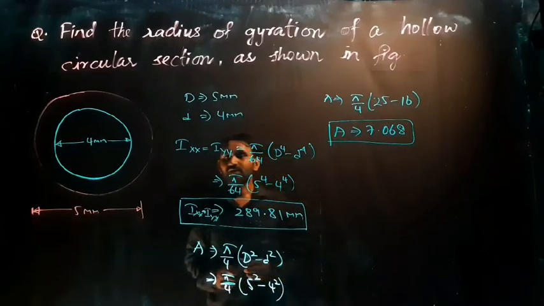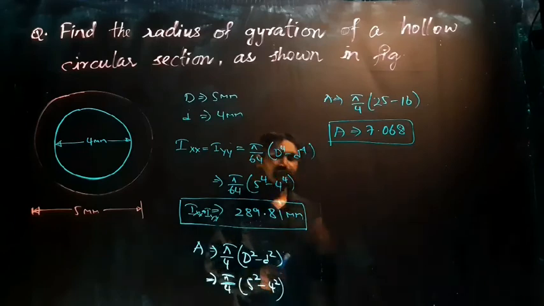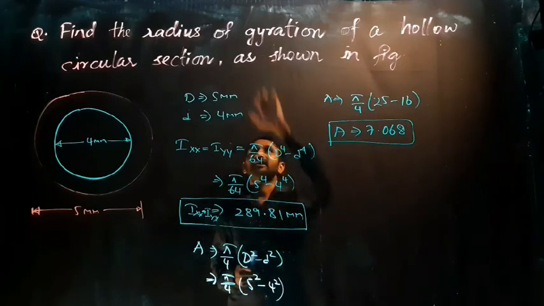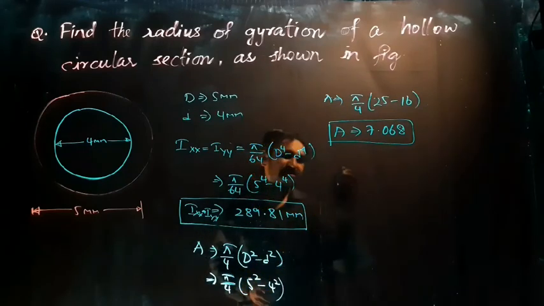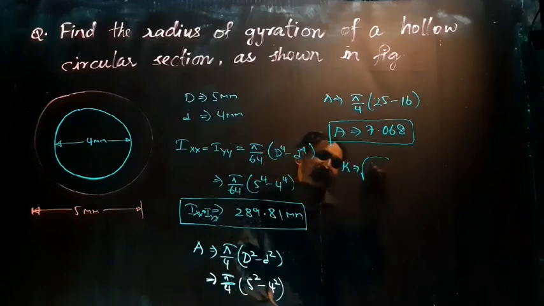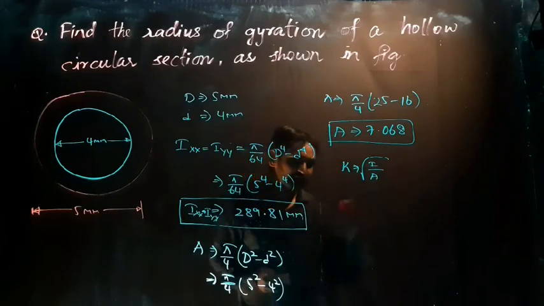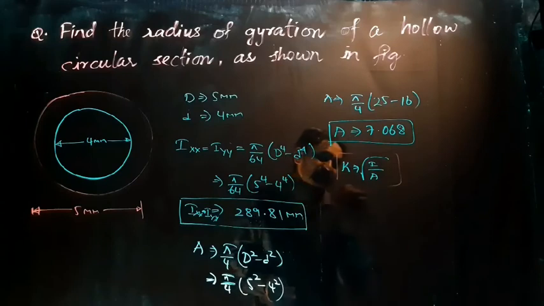Now I got the Ixx value, I got the area value also. Now what I have to do in this sense, I have to find out what he gave, radius of gyration. It means k. It's nothing but root of I by A. So this is my radius of gyration formula.